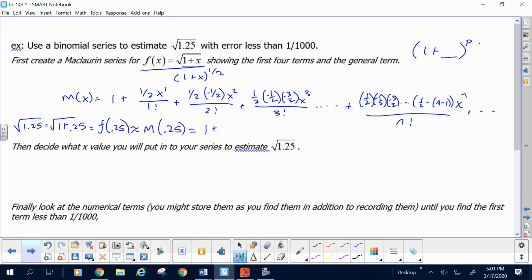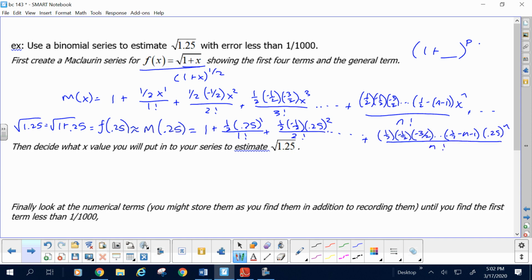So 1 plus 1/2 of 0.25 to the first over 1 factorial, plus 1/2 times negative 1/2 times 0.25 squared over 2 factorial, and eventually 1/2 times negative 1/2 times negative 3/2 times 1/2 minus n minus 1 times 0.25 to the n over n factorial. And I imagine that would converge pretty quick, because 0.25 to greater and greater powers would get smaller and smaller. Then you've got the fractions and the factorial division. It would get small fast. It would converge quickly. And we'd probably get a pretty small error bound.